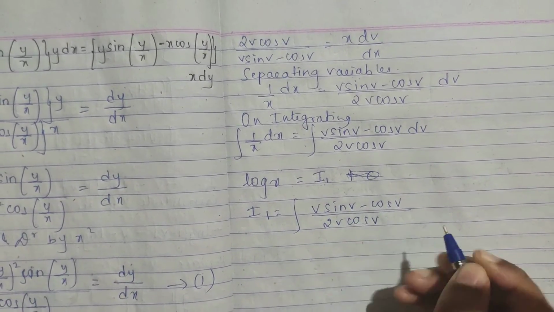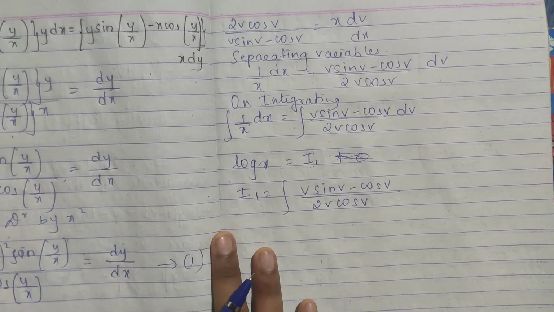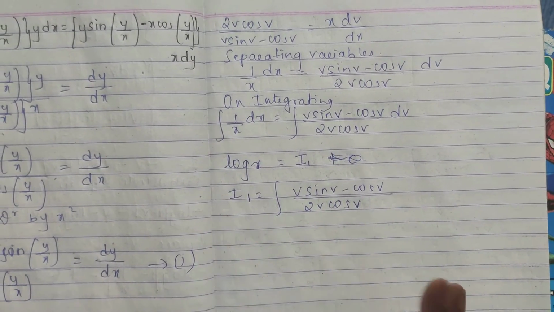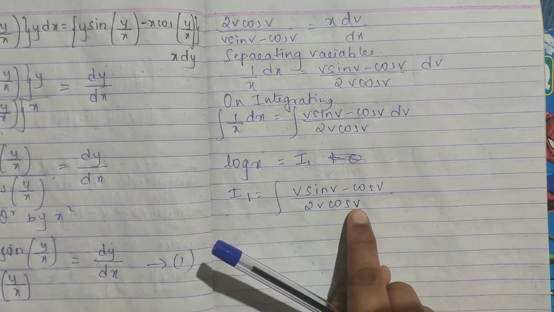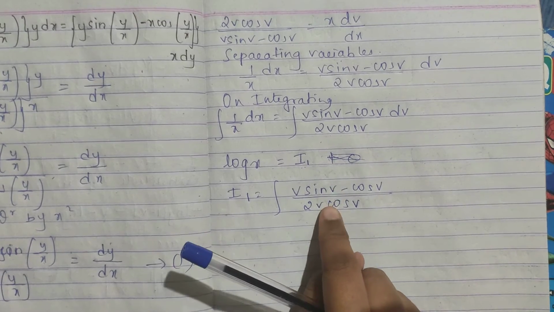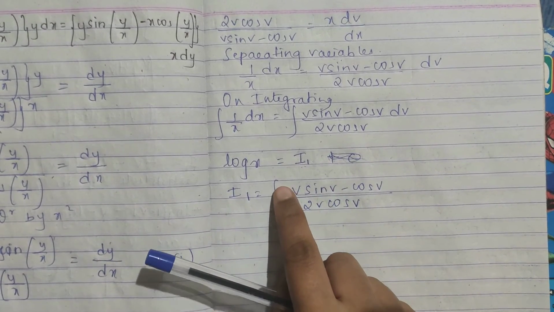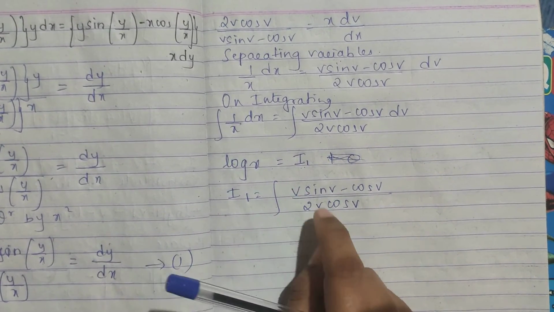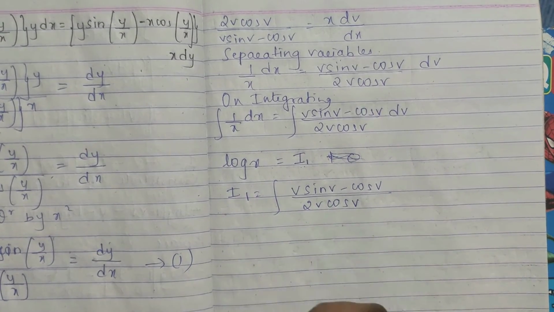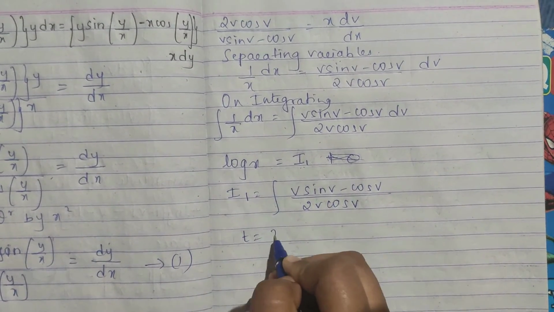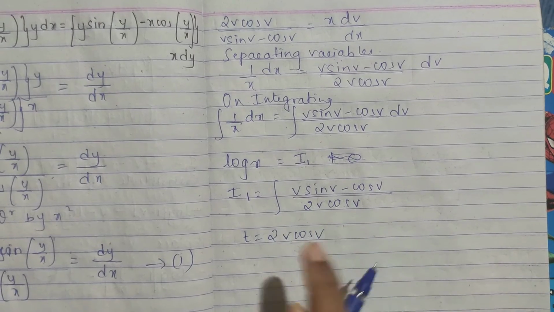See, in your integration also such a part will be there. This is actually easy. By just considering your denominator and numerator, they will be interlinked, but sometimes you have to multiply or divide the terms which are extra. So suppose I am taking t is equal to 2v cos v. So let t is equal to 2v cos v.